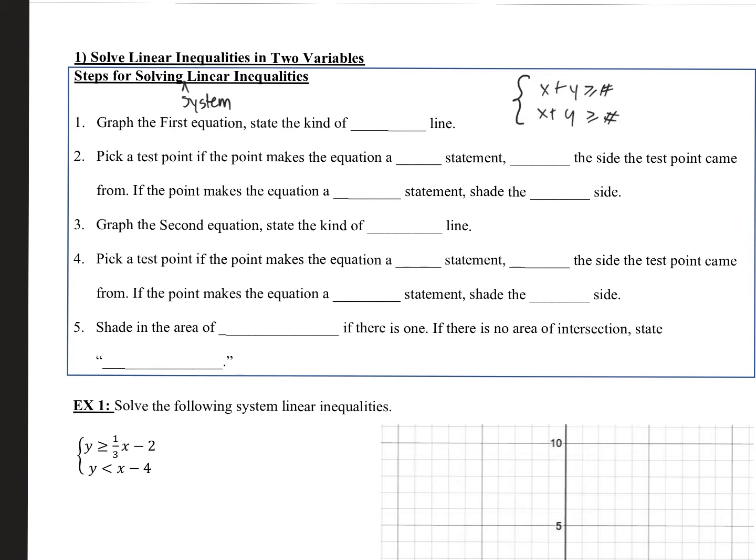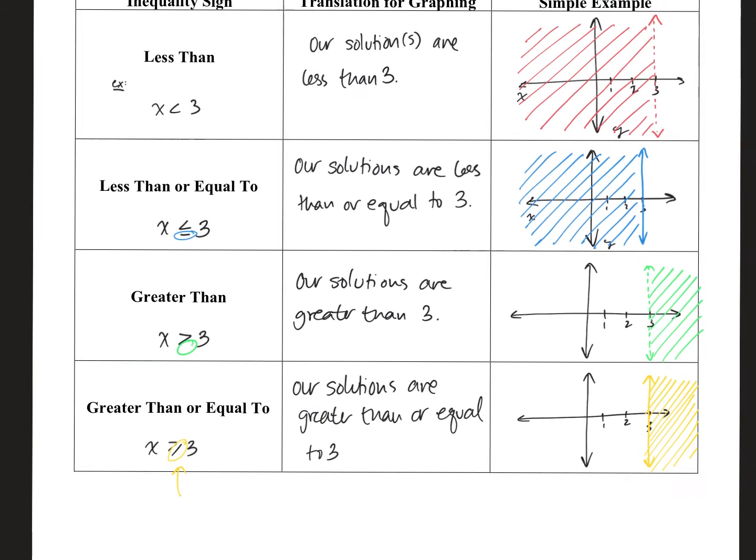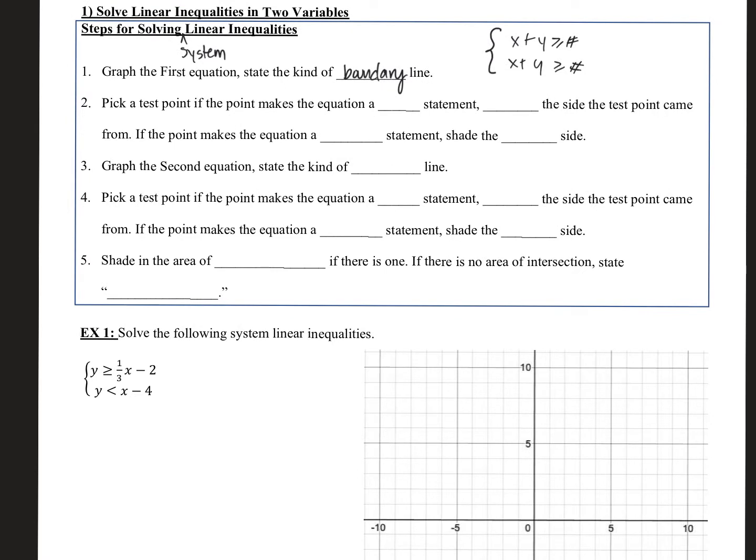So you're going to take the first equation and state the kind of boundary line. What do I mean by that? Well, remember, in our examples up here, we had either solid or dotted boundary lines. So you want to state that, solid or dotted.